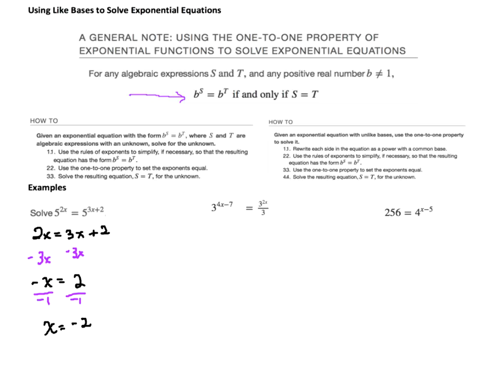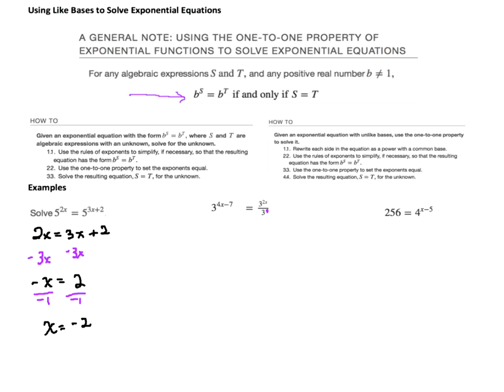Let's go ahead and do this next one. Notice on this right-hand side, I've got a 3 to the 2x divided by a 3 to the understood 1st power. So I need to use my exponent rule so I can write that as an exponential expression of base 3.